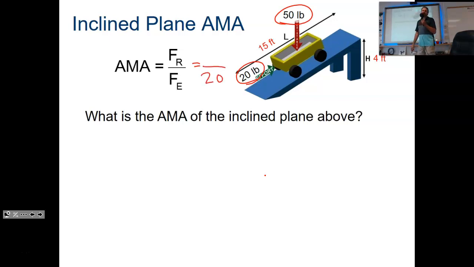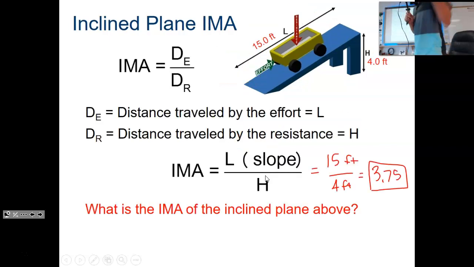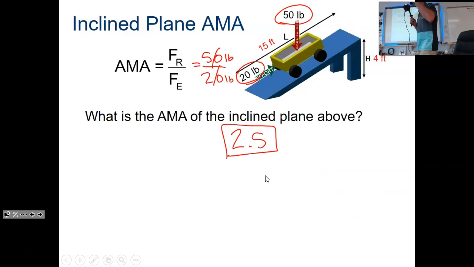Through process of elimination, if the effort force is 20 pounds, that means the resistance force is 50 pounds. So 50 divided by 20 is 2.5. Again, it should be 3.75 because that's what we calculated in the problem right before it, but it's actually 2.5 because of friction.